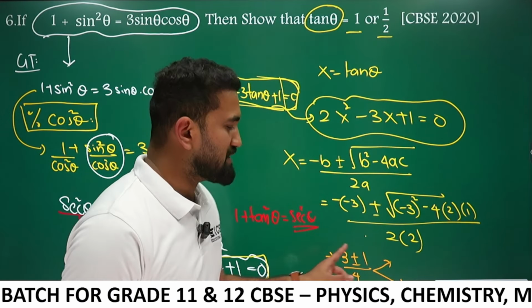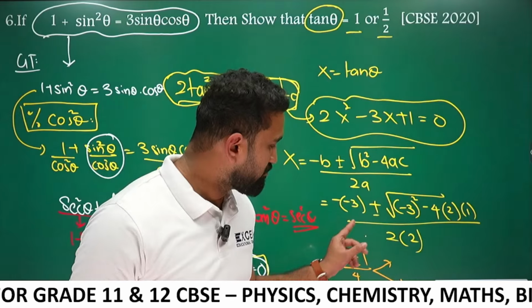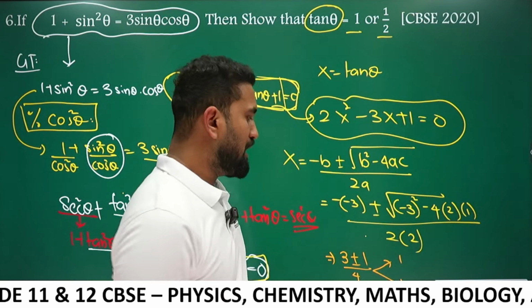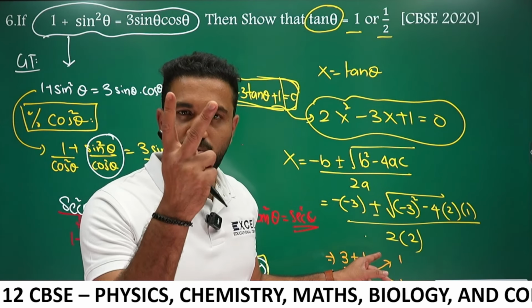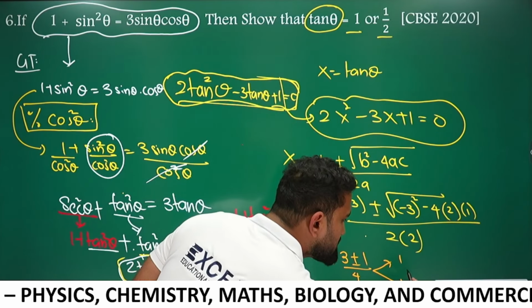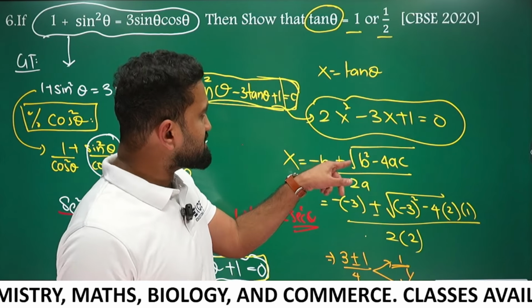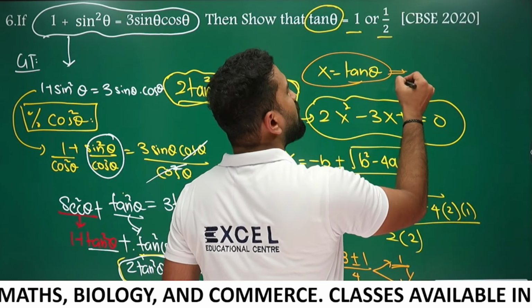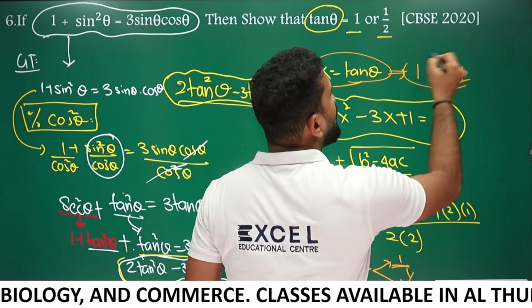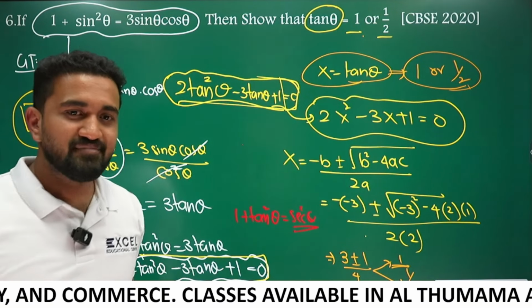What is 3 plus 1? 4. 4 by 4. What is 4 by 4? 1. Or 3 minus 1, 2. 2 by 4. 2 by 4 means 1 by 2. Which means that you will be getting the value of x, or tan theta, as what? 1 or 1 by 2, which you have to prove. Hence proved.